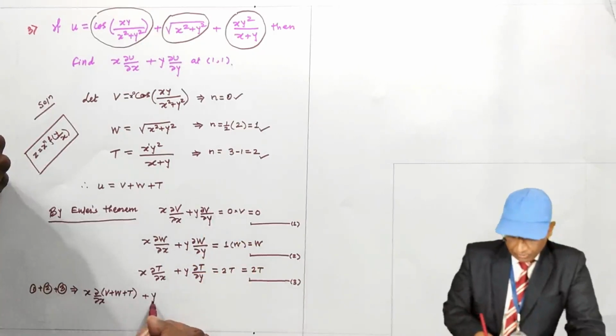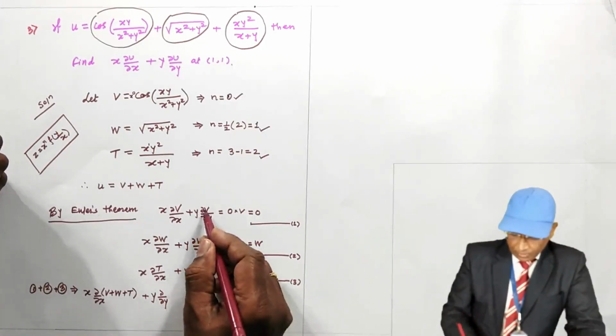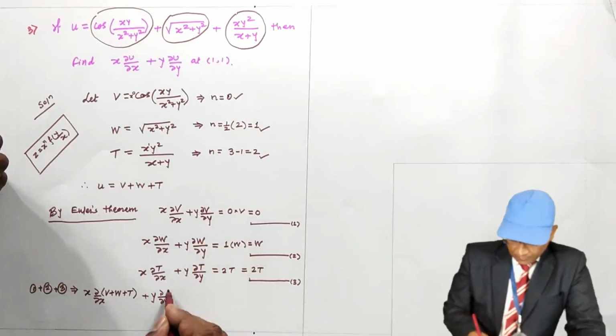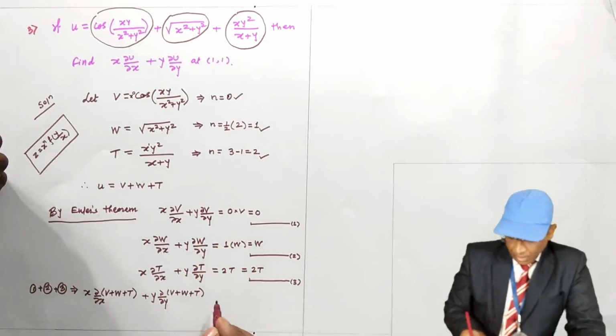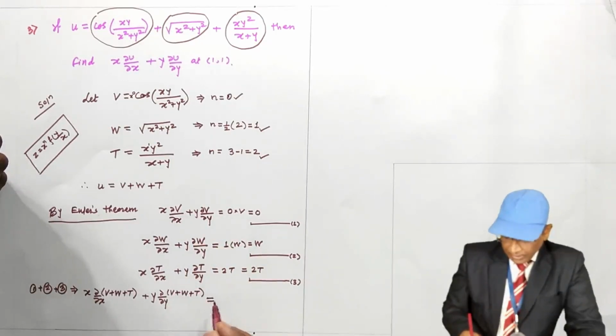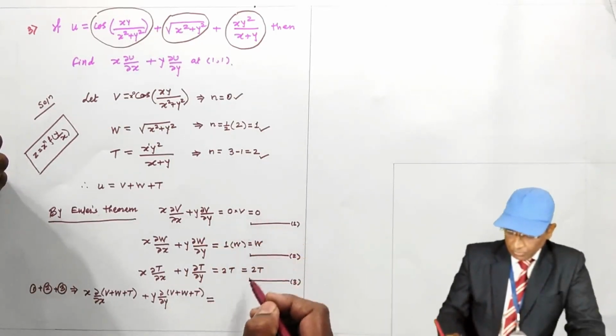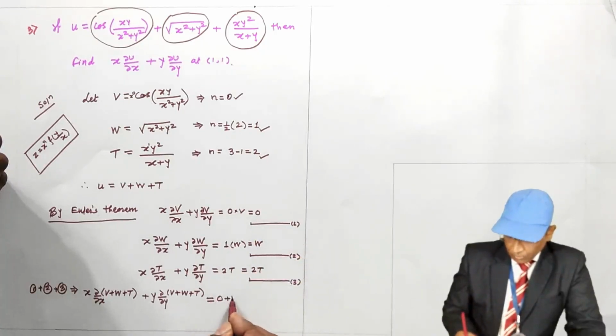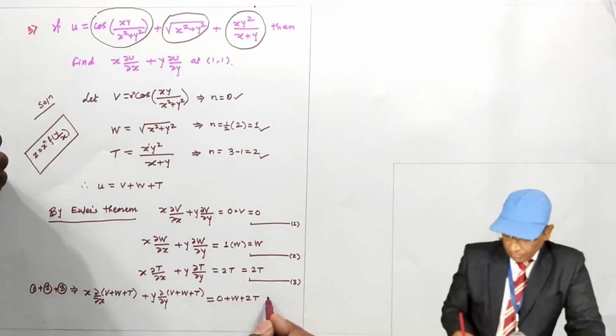Now I am going to add Y del Y of V plus W plus T. Similarly I have to add the right hand side also: 0 plus W plus 2T. Now W plus 2T is there.